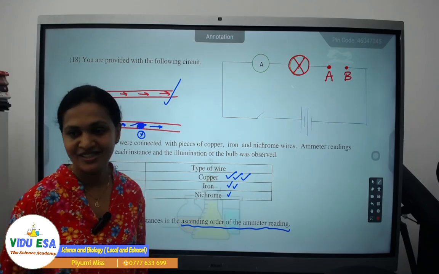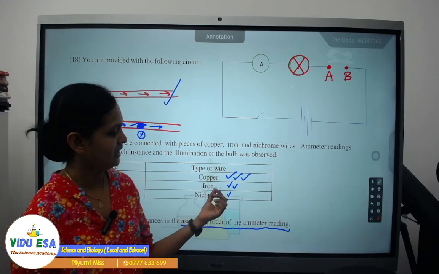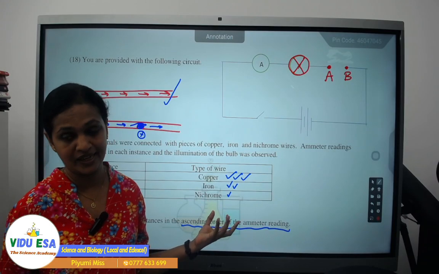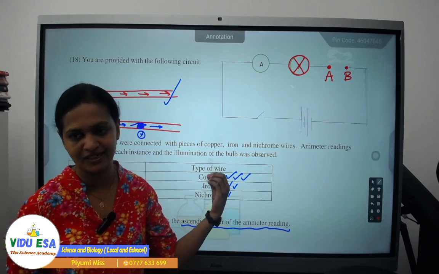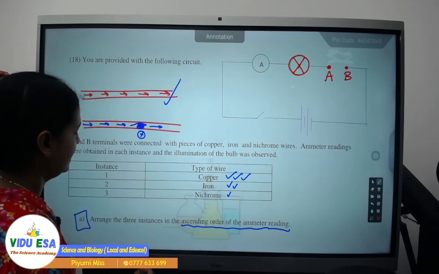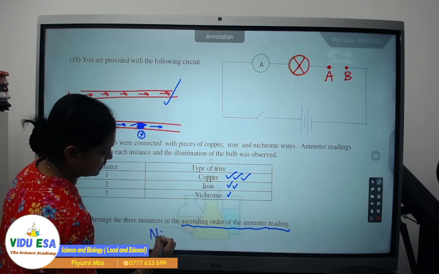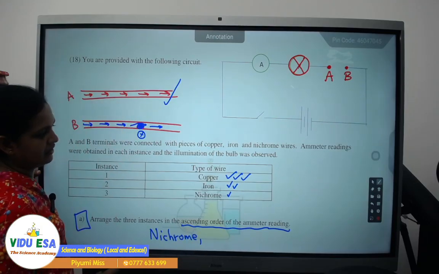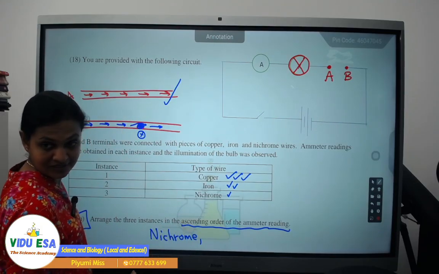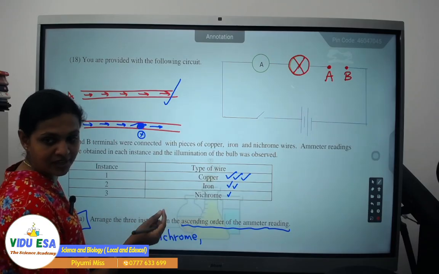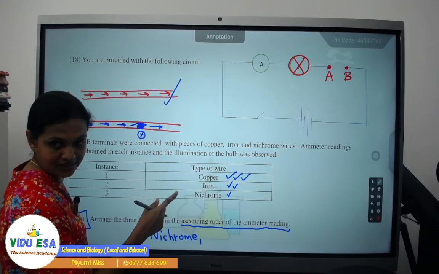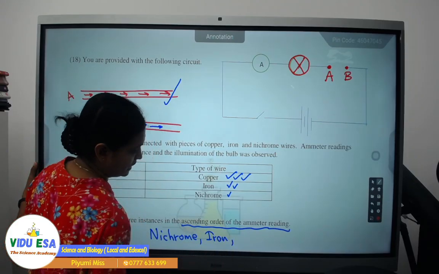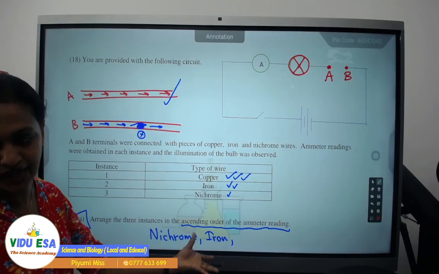Okay, good. I mentioned that nichrome has a high resistance. The obstacle is big, so it conducts electricity less. Therefore, the ammeter reading is the lowest for nichrome. Then for iron, the obstacle is somewhat lesser than nichrome but greater than copper. Therefore, the ammeter reading would be higher in iron.